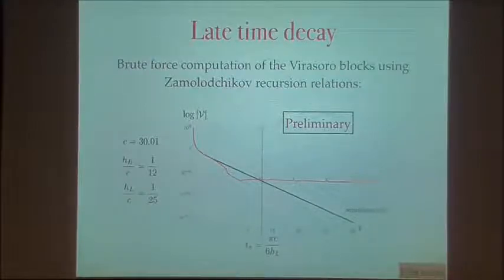And this is the exact vacuum block that we computed. And you can see that initially it actually decays faster than the semi-classical block, but then it levels off. And the moment that it really goes away from the semi-classical block is roughly consistent with our earlier expectation of this time scale.